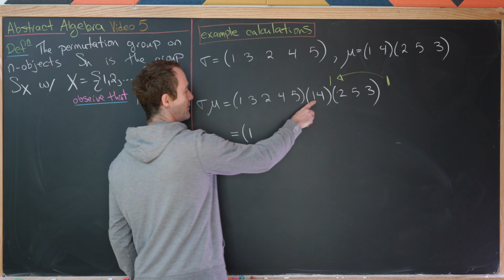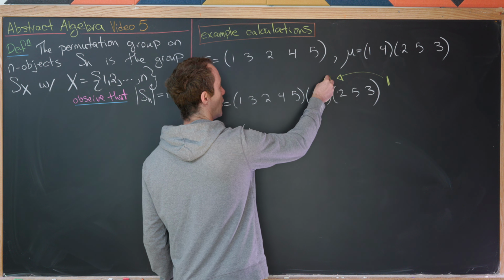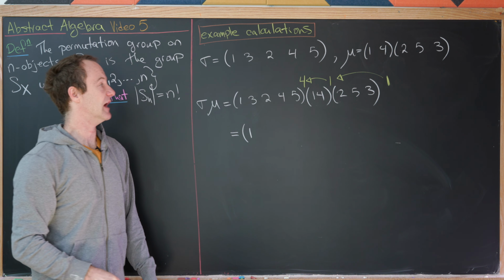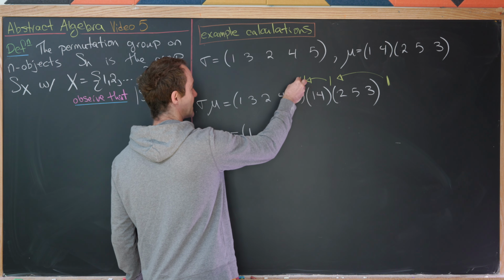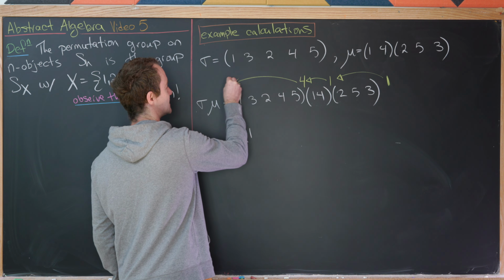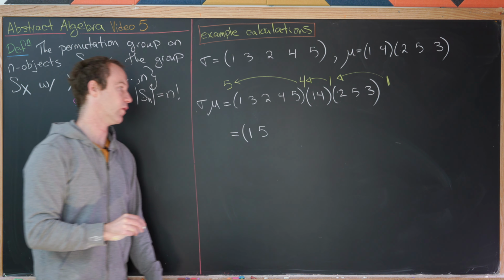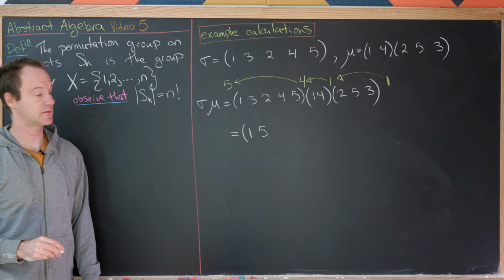But as 1 passes through this 2 cycle, 1, 4, it does change. It gets sent to 4. And then finally, as 4 gets sent past this one, it turns into 5. So in the end, in the conglomerate, 1 gets sent to 5.